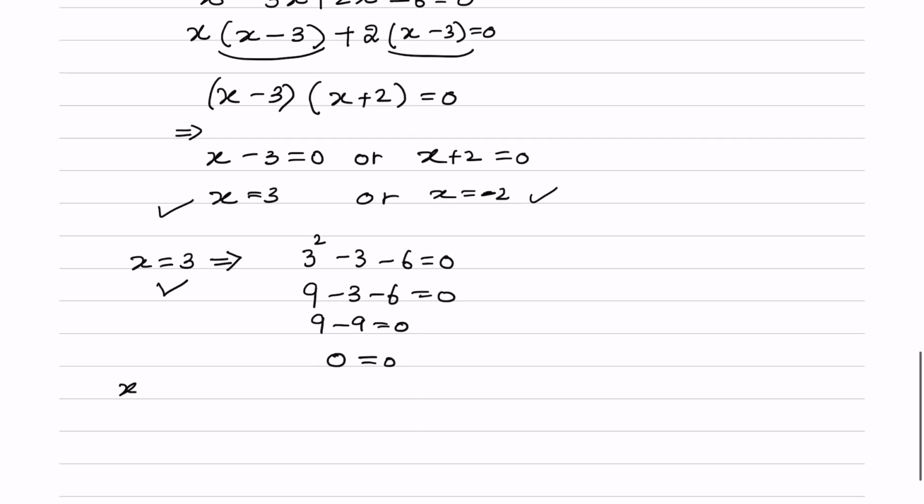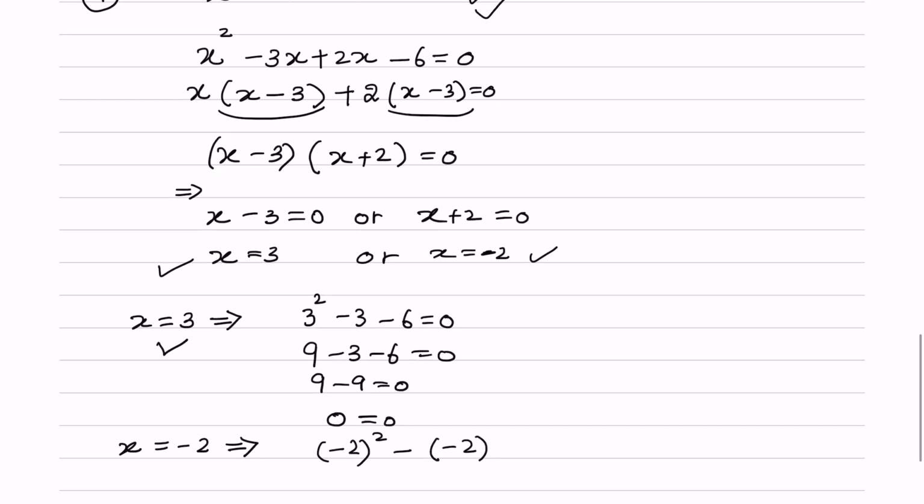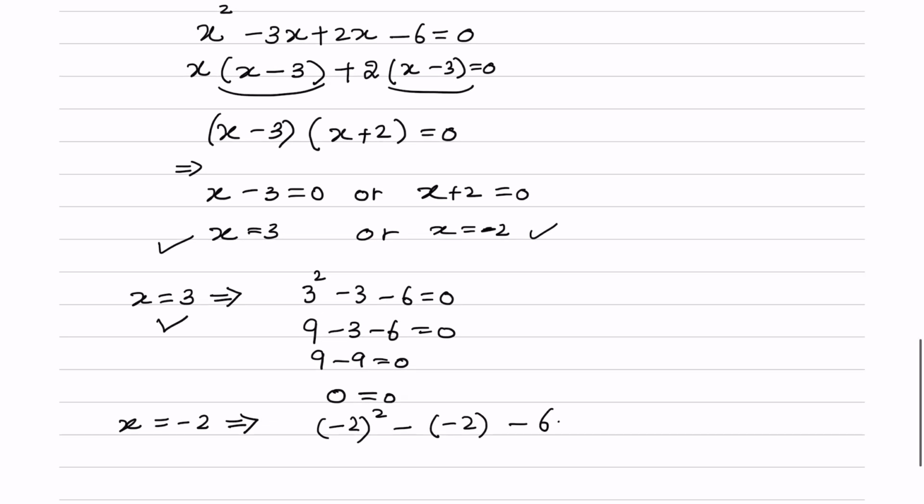Now let's try if x equal to minus 2 is actually the root. This is just the verification because we know that x equal to minus 2 is the root. So minus 2 square minus of minus 2 minus 6 equal to 0.